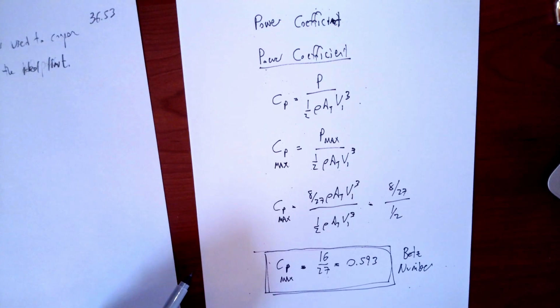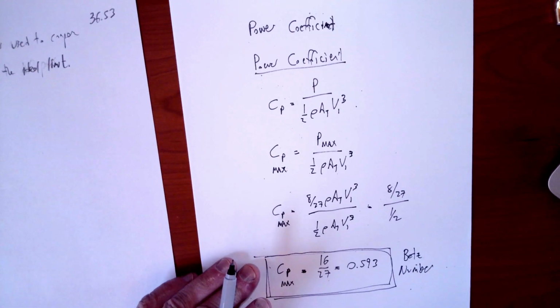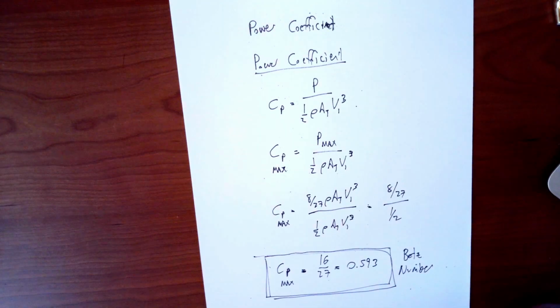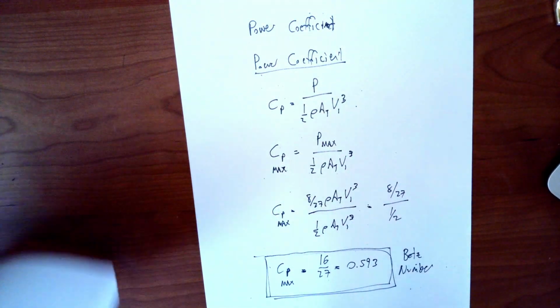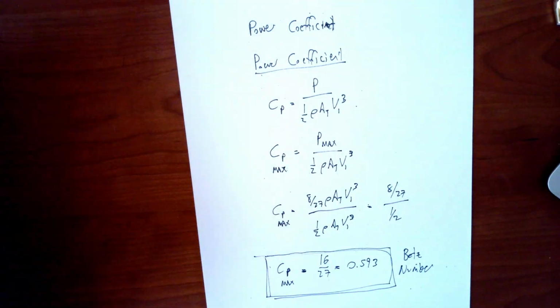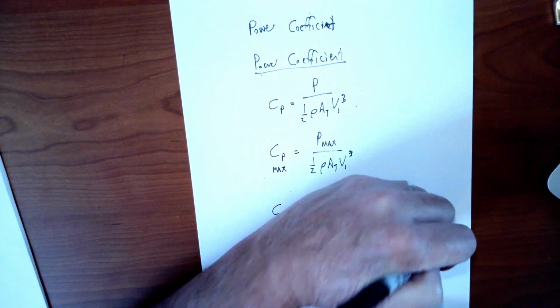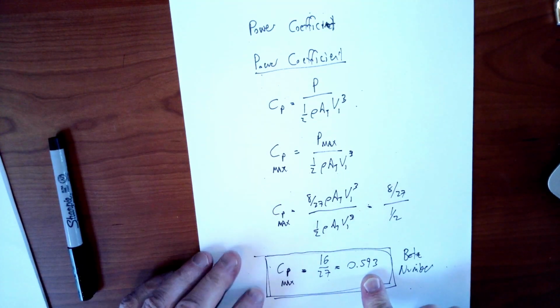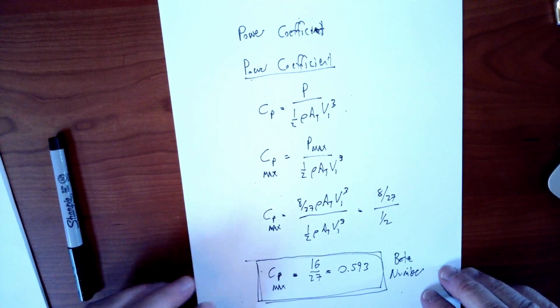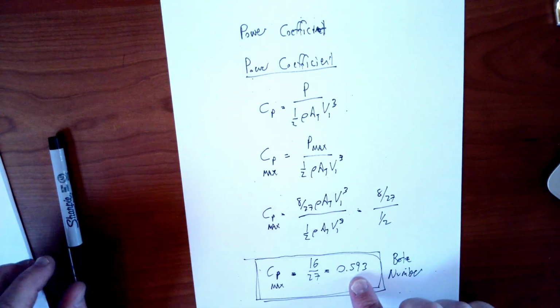So obviously this gives you a metric to decide if one turbine's better than another, based on how it's doing. If you've got a turbine that has a 0.59 power coefficient and someone tells you you need to make this better, you could tell them you're wasting your time. This is as good as turbines can get, this power coefficient of 0.593.